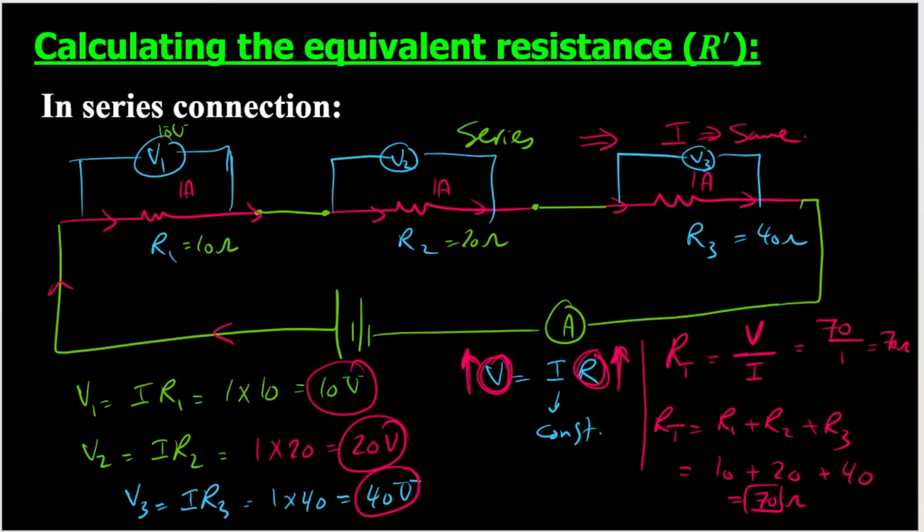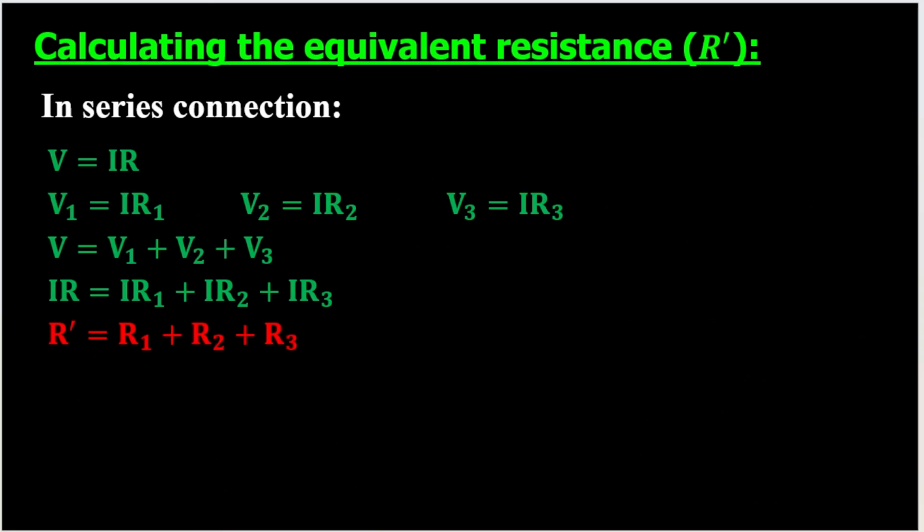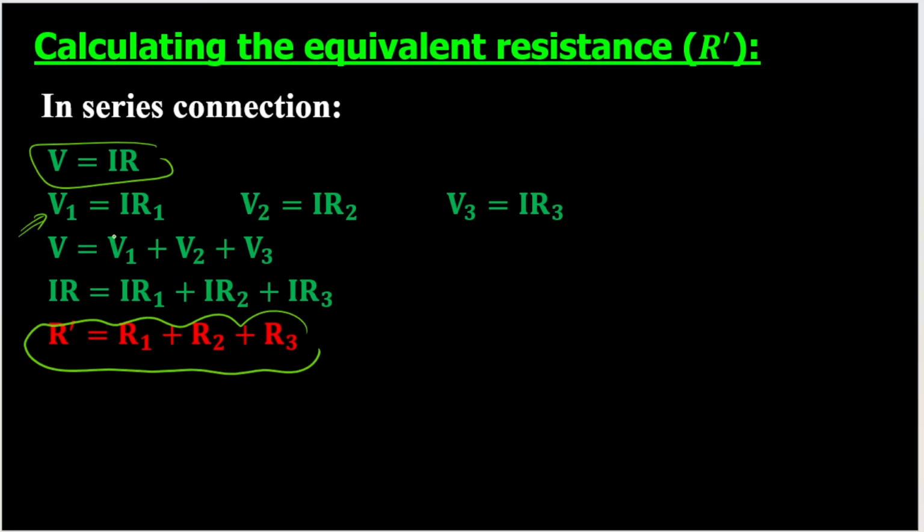So in series connection, to find the equivalent resistance, what is meant by equivalent resistance? It is a single resistance which has the same effect as a group of resistors. It just equals the summation of all resistors. And this is the proof. Since V is equal to I times R, V1 is equal to I times R1, V2 is equal to I times R2, V3 is equal to I times R3.